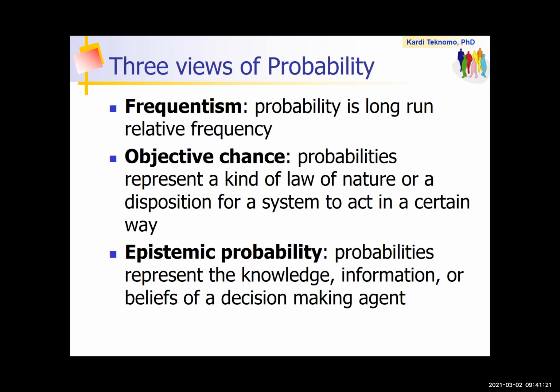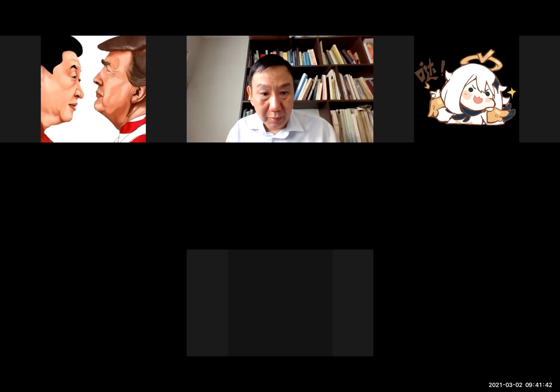So in this view, probability is subjective. You decide the probability, and then over time you revise your own probability to be better and better based on the information. Now back to the previous slide.